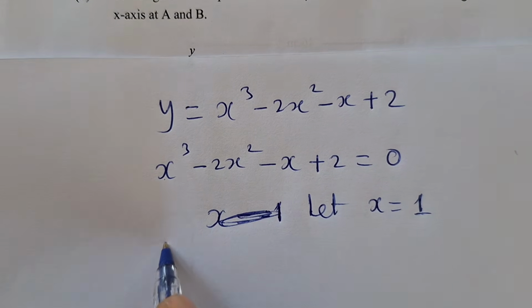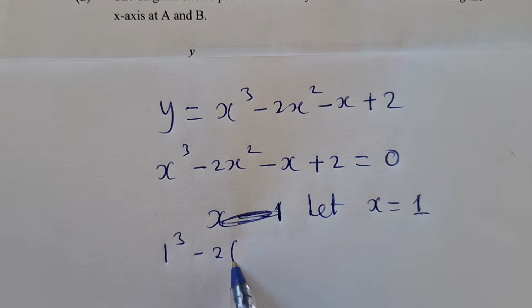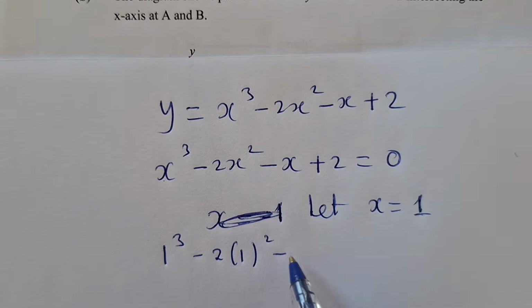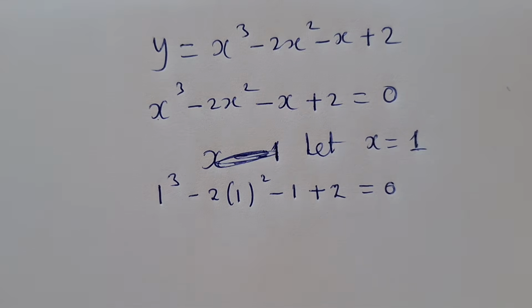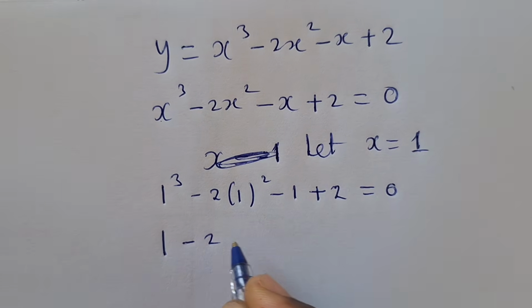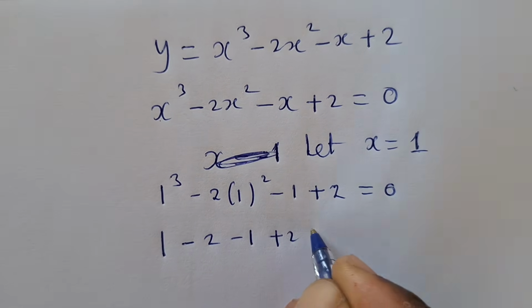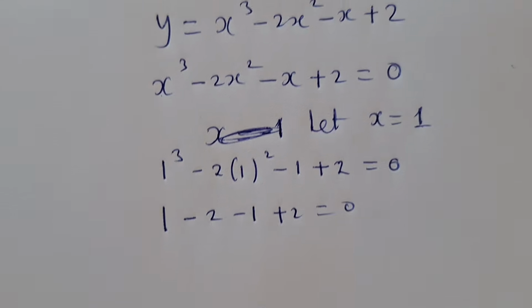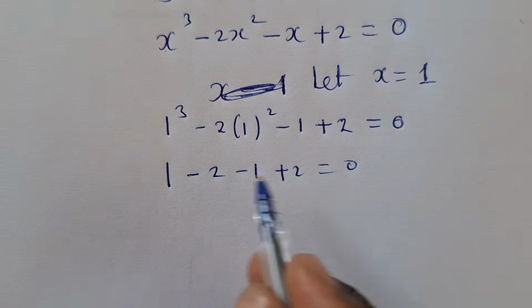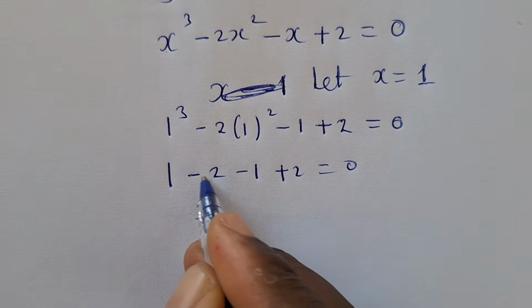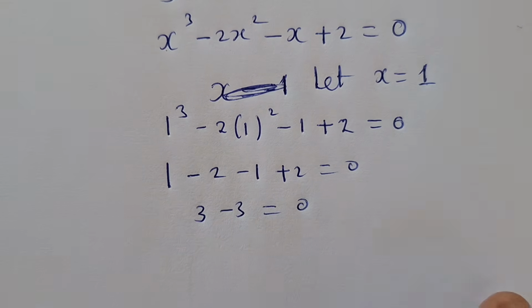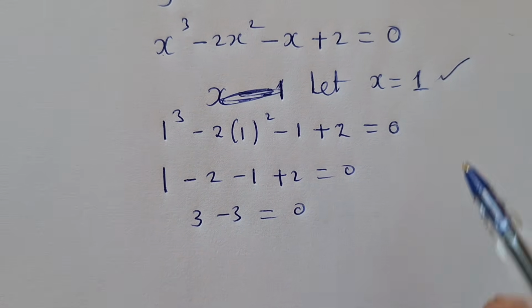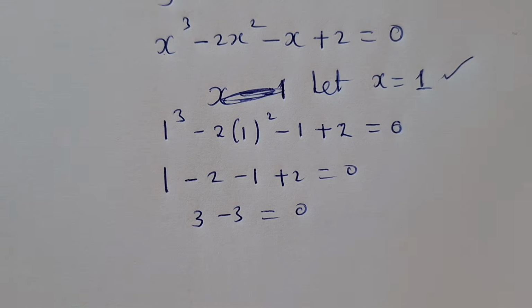It will be 1 power 3 minus 2 times 1 squared minus 1 plus 2 is equal to 0. So this is 1 minus 2 minus 1 plus 2 is equal to 0. This 1 plus 2 will give me 3, minus 2 minus 1 will give me minus 3, which is equal to 0. So x equal to 1 is one of the solutions.